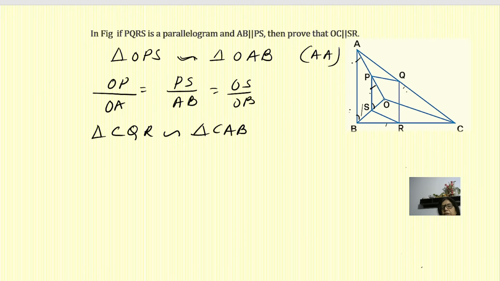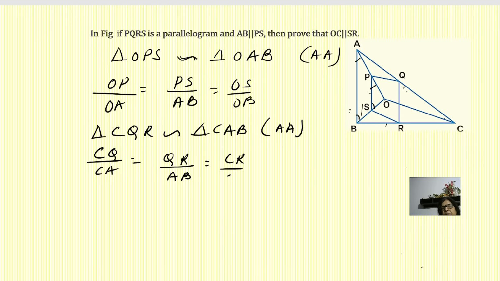Both these corresponding angles are equal and angle C is common. So by AA criteria, these two triangles are also similar. We can write CQ by CA is equal to QR by AB is equal to CR by CB. This is the first one and this is the second relation.